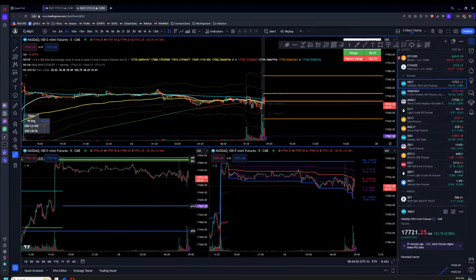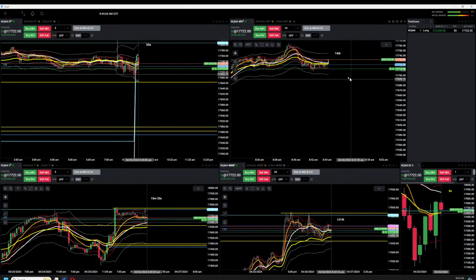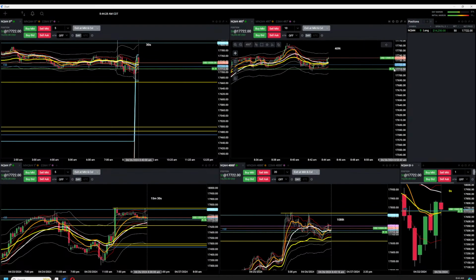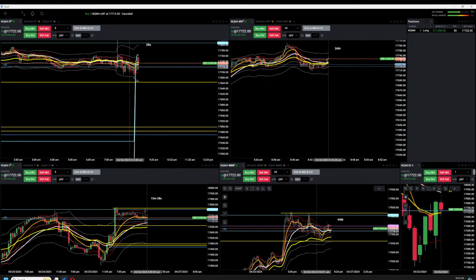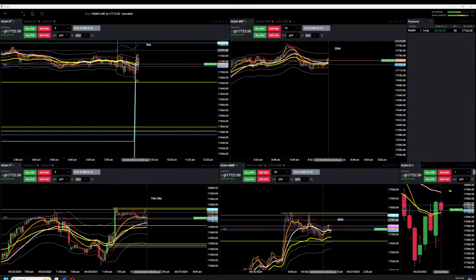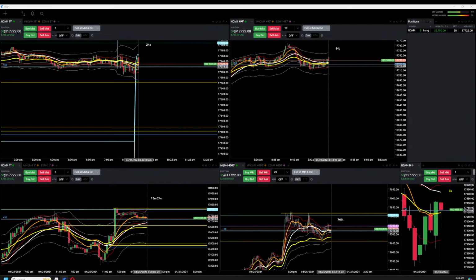I'm just waiting to see if it's going to rip up from this level. Well, there it goes. So, I didn't quite get in another 5 lots. I think we'll protect the position now, even though we're pretty close here. There's no reason to. Can start over.